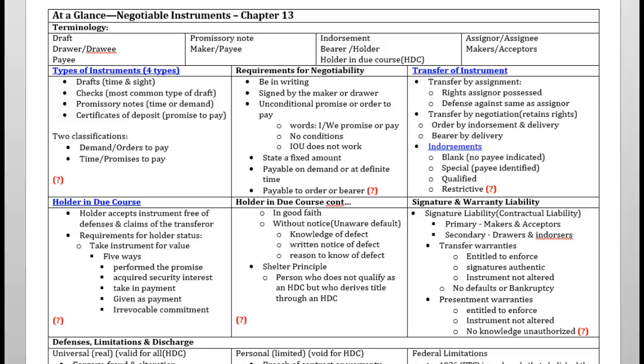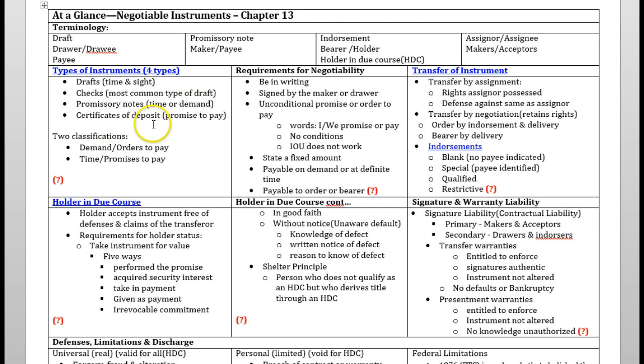Now remember, they're the people that are going to pay out, that are holding the money, that accept and promise to pay an instrument when it's presented later for payment, which would be what a CD would be. A CD, you would buy it, or you would deposit money for it, and in 3 months you would go back to the bank and receive that money back plus interest. So you have makers and you have acceptors.